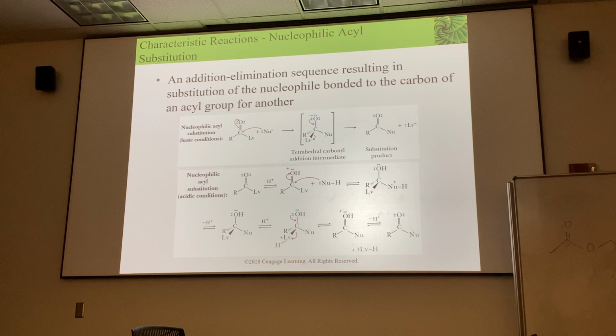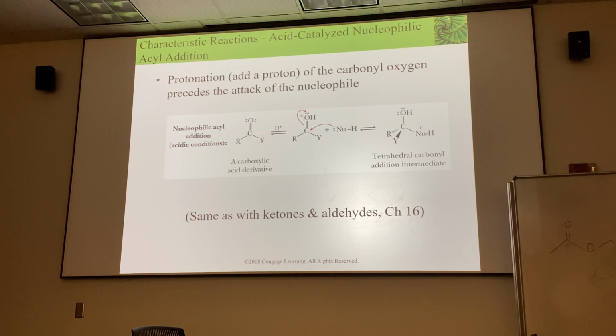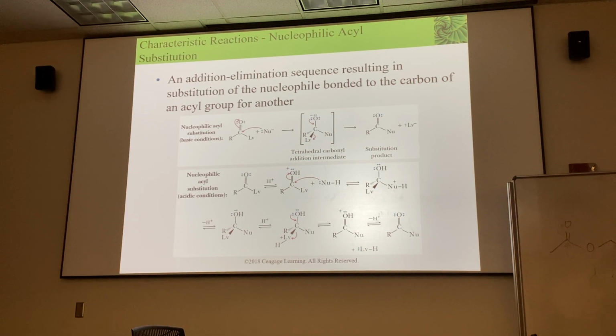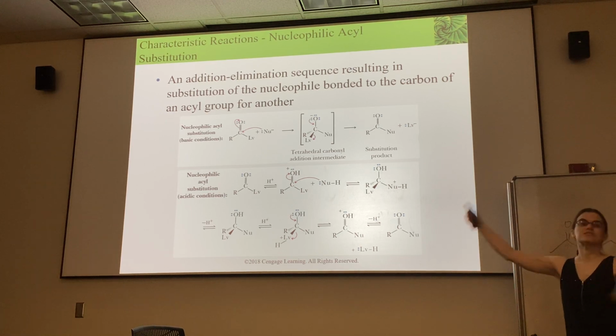But there's something special, because what we called Y before, a lot of those Y groups, now that we've got these carboxylic acid derivatives, a lot of them are pretty good leaving groups, or can be turned into pretty good leaving groups. So we don't just have to do nucleophilic addition, we can do nucleophilic substitution.